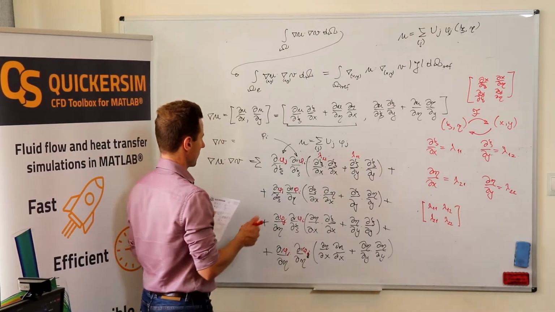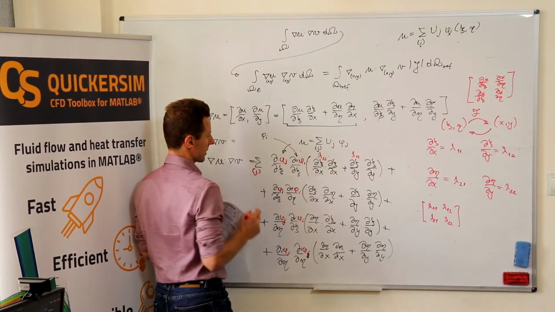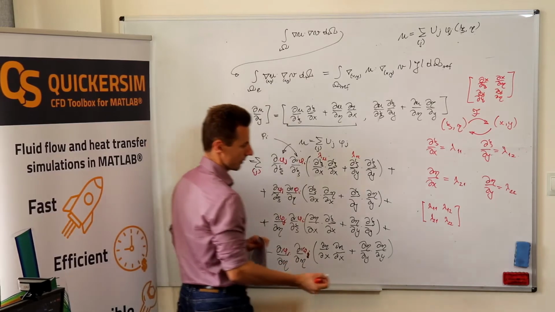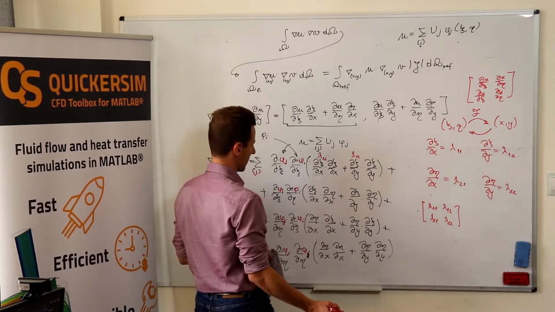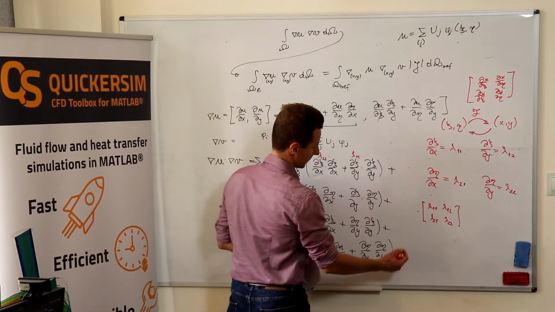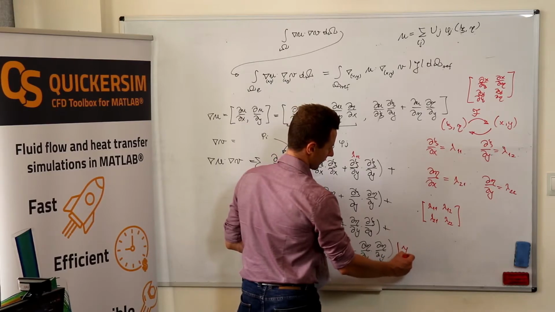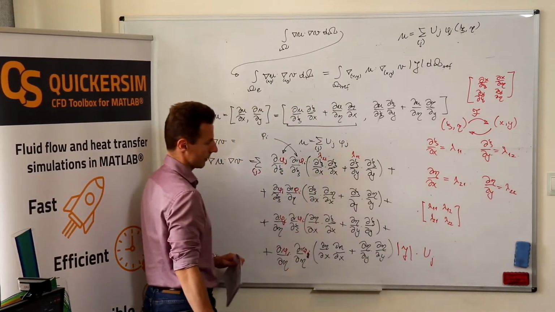And you would have here just the summation for j, and then, if you integrate, you've got the Jacobian times uj.